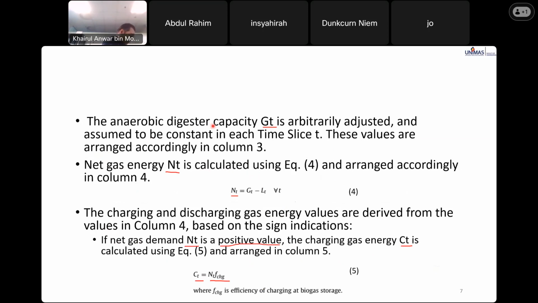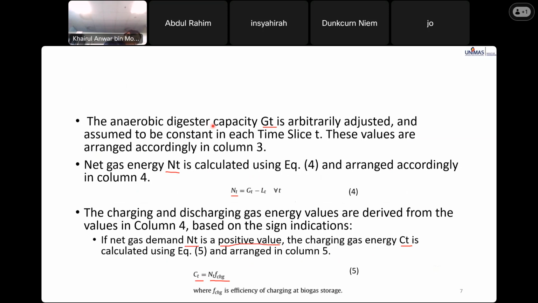So in this case, based on their analysis, the initial anaerobic digestion biogas generation capacity is 5,400 megajoule per hour.